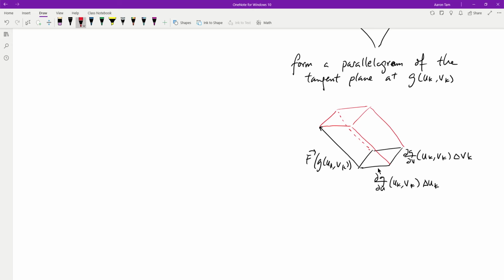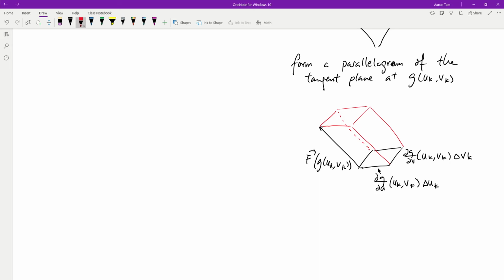So I do need to figure out the height of this prism so that I can actually form the volume. So how do I form the height? Well, lucky for us, we actually know how to do that. The reason why we do is because we encountered this problem before.